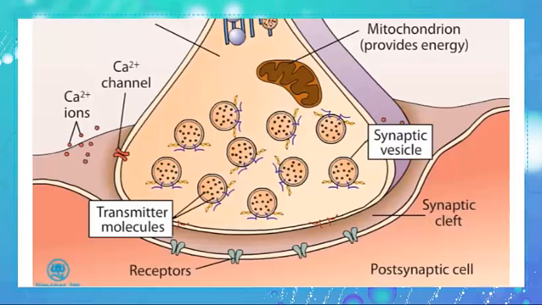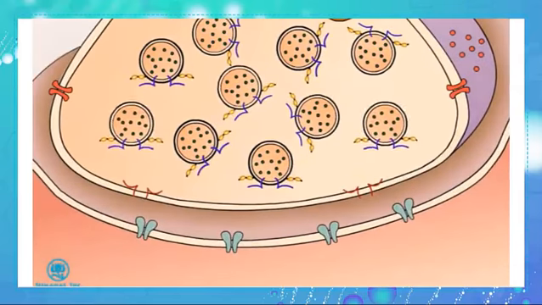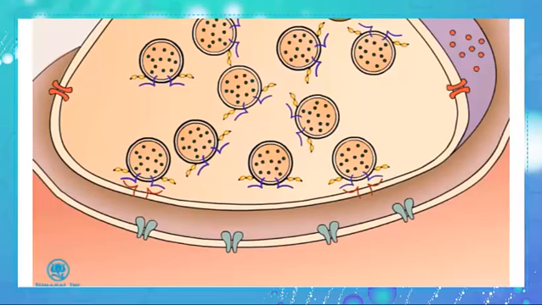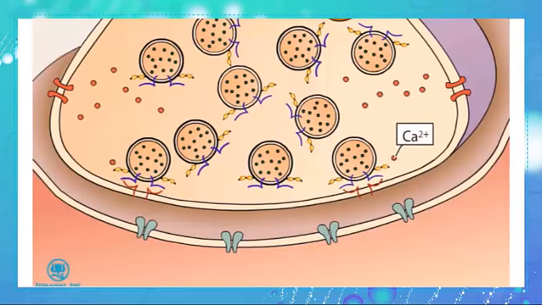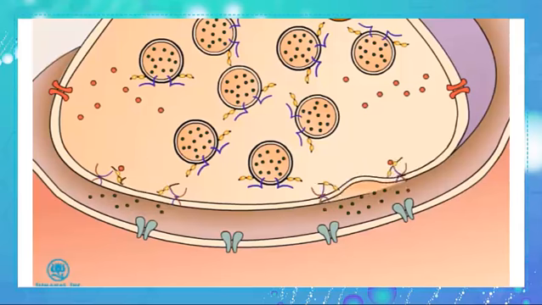At the level of the axon terminal, the arrival of action potential causes the opening of voltage-dependent calcium ion channels. The calcium ions flow to the inside of the axon terminals through these channels. These calcium ions will induce the fusion of vesicles that contain chemicals known as neurotransmitters with the cell membrane. This is how neurotransmitters are released into the synaptic cleft by exocytosis.